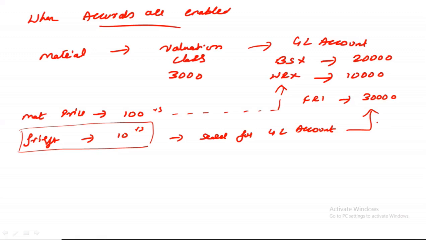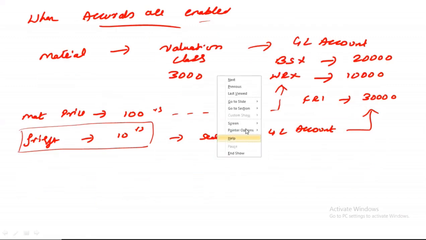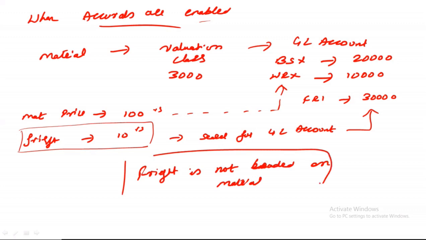So this is when accrual is enabled, and when accrual is not enabled, the freight is loaded on the material. This is a major requirement coming from business. In that case, you need to play with the accruals.